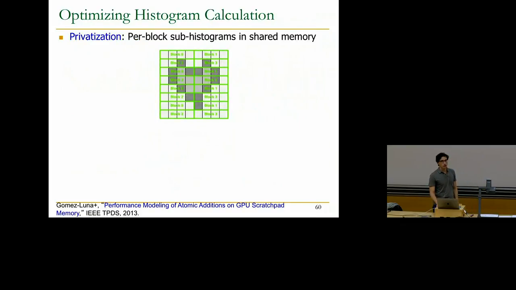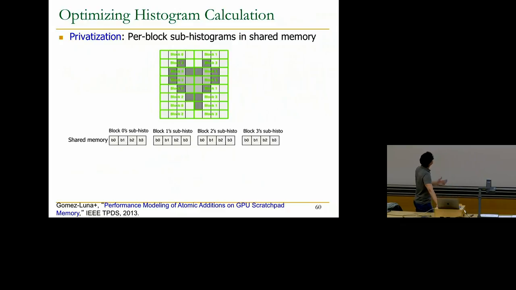Ways of solving this: using privatization. What we can do is have partial subhistograms, assign each of these subhistograms to different blocks, and when these blocks go through the entire image and calculate the partial subhistograms, they merge the partial results into a final histogram in global memory.